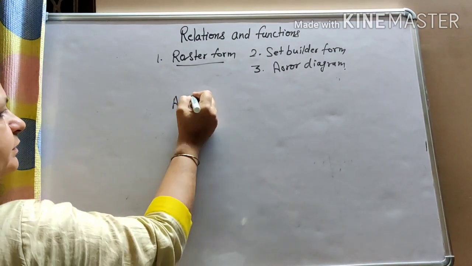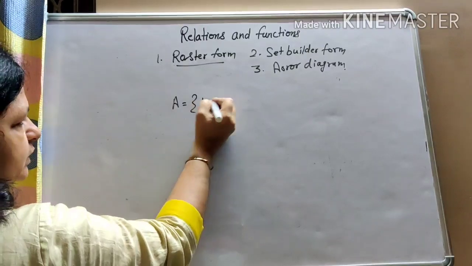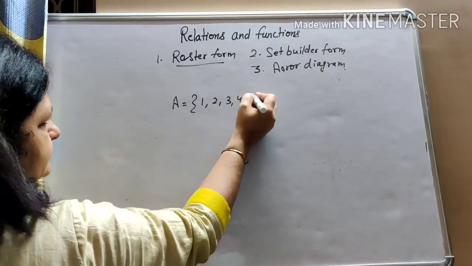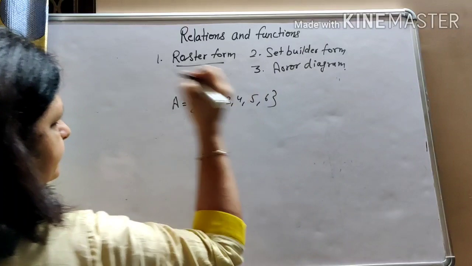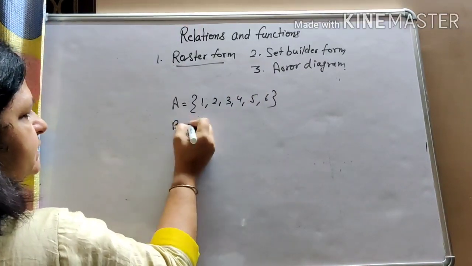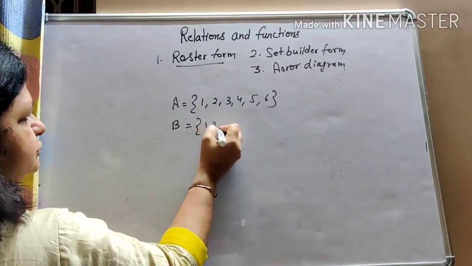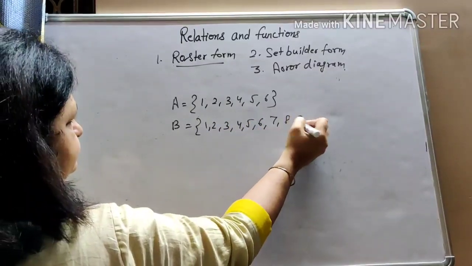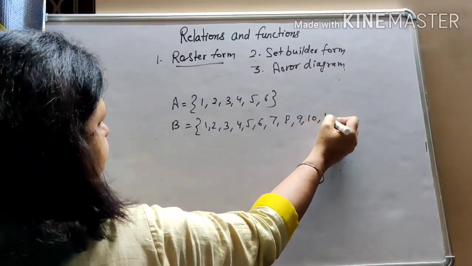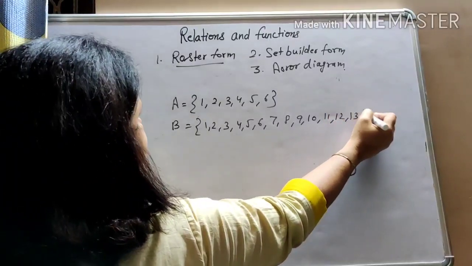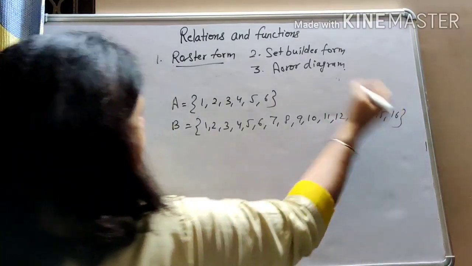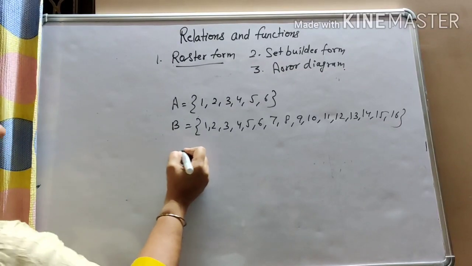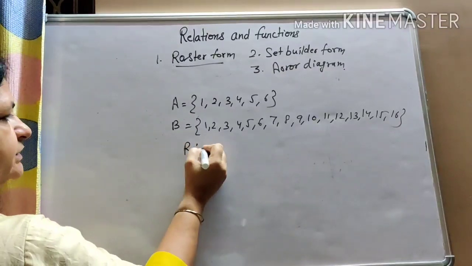Let's take one example. If A is 1, 2, 3 and set B is 1, 2, 3, 4, 5, 6. And relation is from A to B.